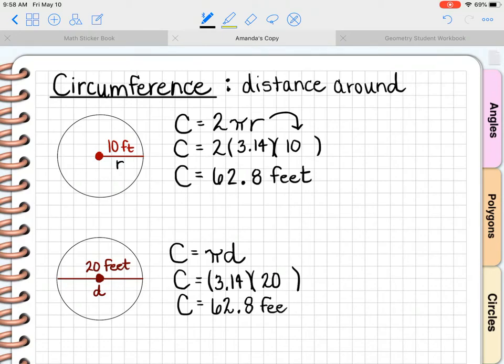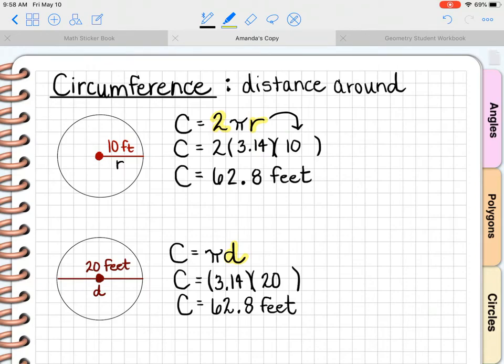So how in the world can that be? How can I use two different dimensions and two different formulas, but still come up with the same answer? Well, here's the thing. In this formula, I used 2 times r, and in this one, I used plain d. Okay, pi is in both of them. Pi is going to be in any formula that has a circle in it.